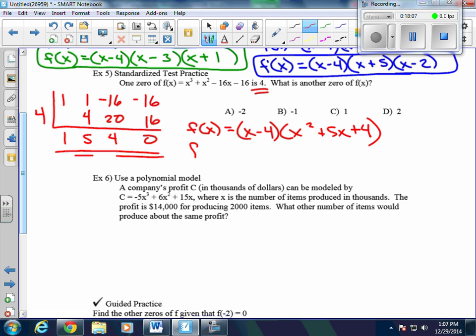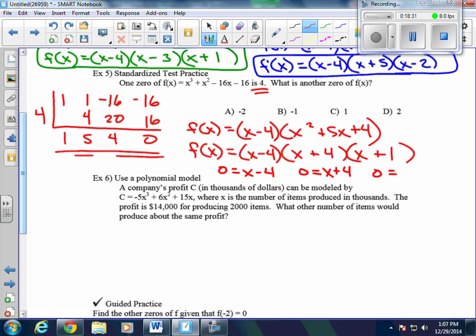So if we would factor this completely, this is going to be x plus 4 and x plus 1. So now if I set this equal to 0, I know that either 0 equals x minus 4, 0 equals x plus 4, or 0 equals x plus 1. Well, in this case, x equals 4.